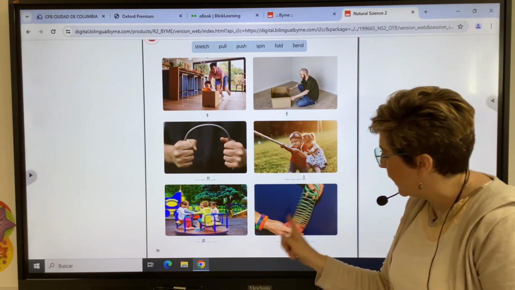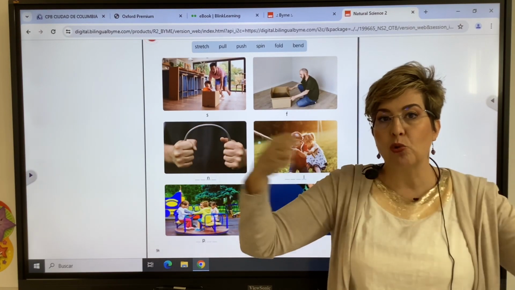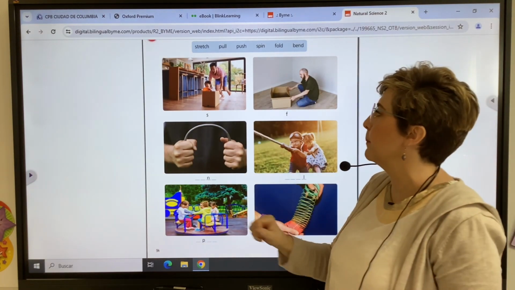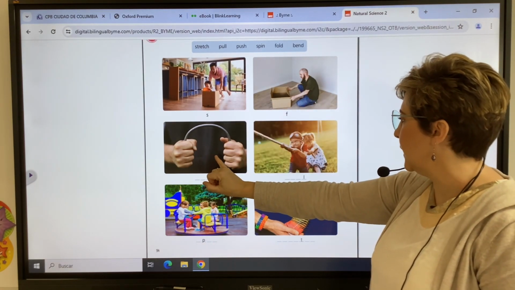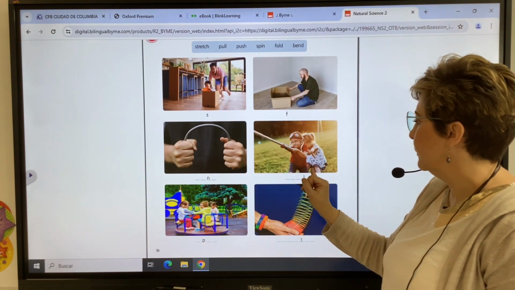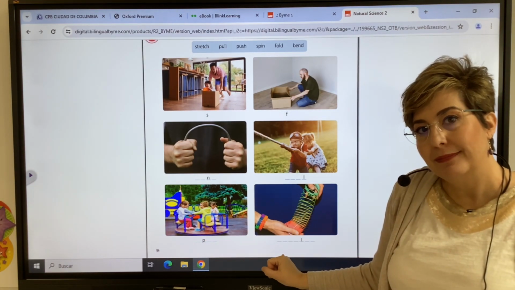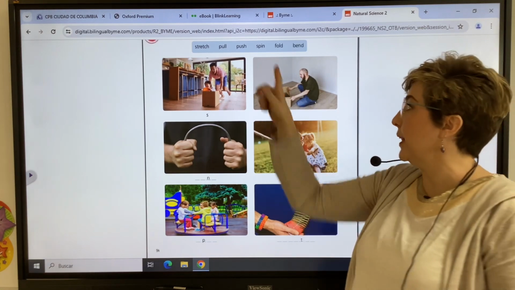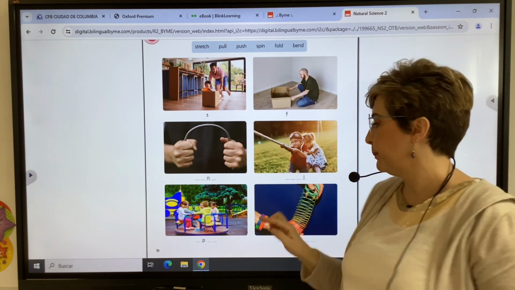And the spring is stretching. So let's see. Push, fold, bend, pull, spin, stretch. Is that clear? So those are the 6 movements that you have to remember.